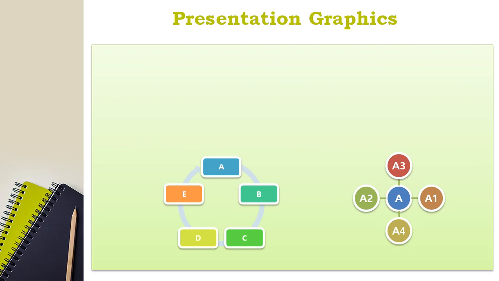Presentation of graphics. These are some of the images. One is the flowchart A, B, C, D, and E, and second is A can be represented in terms of A1, A2, A3, A4. These are just examples, you can write accordingly.